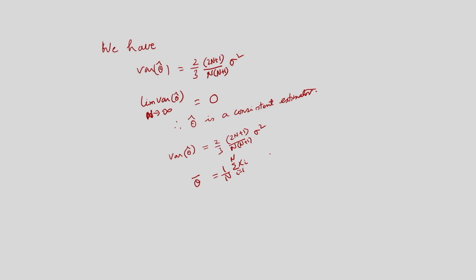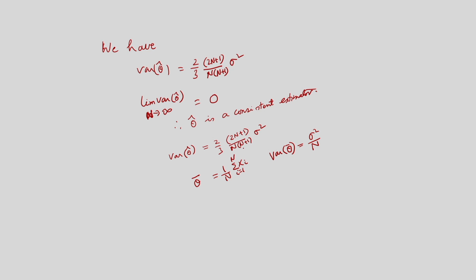In this case, the variance of theta bar, we can show, is sigma square by n. Now this quantity is less than the variance of theta hat. So the variance of theta bar is less than the variance of theta hat.